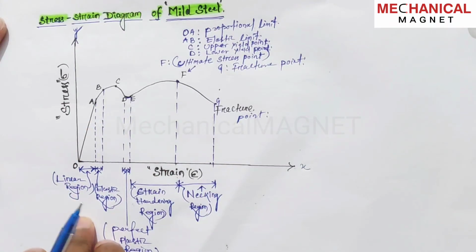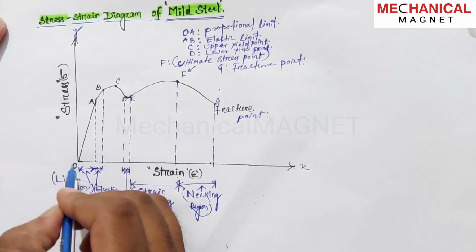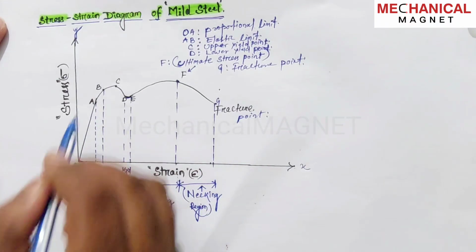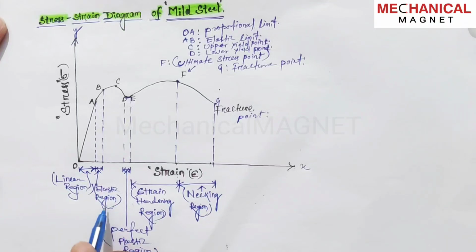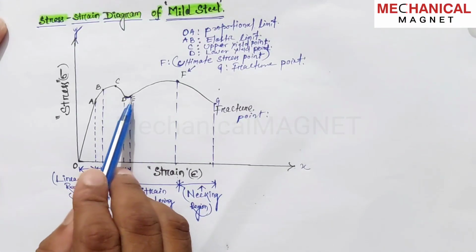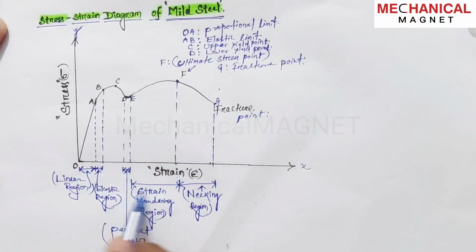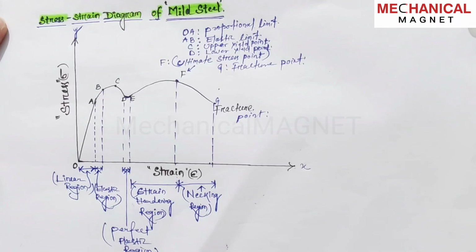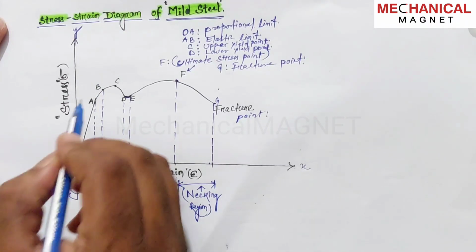It is also known as the proportional limit, and A to B is the elastic region, and D to E is the perfect plastic region or yielding region, we can say. And again E to F, this region is known as the strain hardening region, and F to G is the necking region.